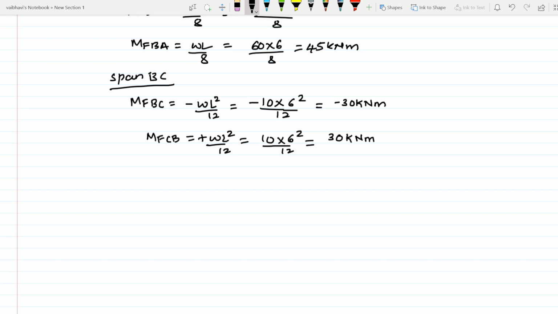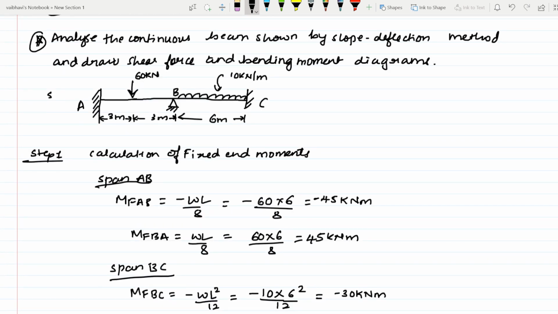Then step 2. What is step 2? Writing slope deflection equations. First we have to note down what are the conditions here. Here we have seen that A and C both are fixed ends. So there will be no delta, settlement or sinking, and it is given there is no settlement or sinking, and the rotations will be 0 at A and C since they are fixed.